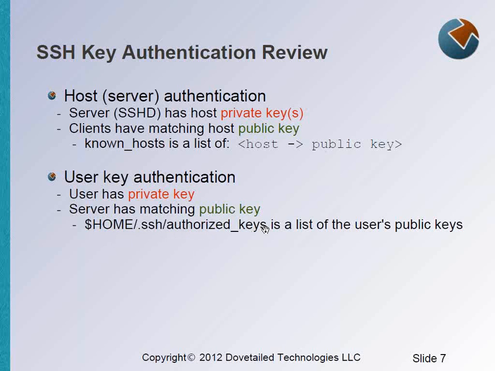A file called authorized_keys has a list of all the public keys that are allowed to log in as that user with SSHD. What does that mean? That means that if you have a private key that matches a public key in this list, then you can authenticate as that user and log in without a password to that machine.